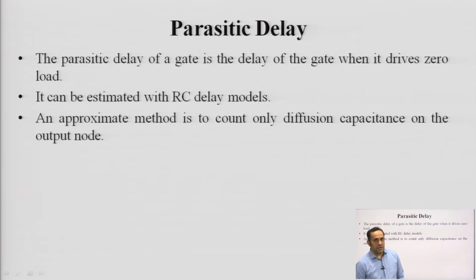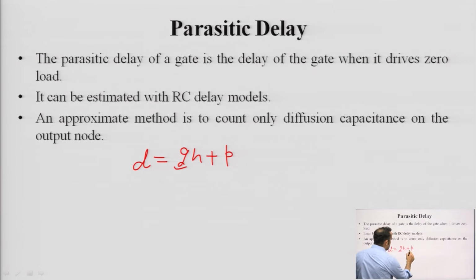Let us proceed to the other component in the normalized delay. If you remember the equation, normalized delay is G dot H plus P. We have seen what G is, and we now need to understand what parasitic delay is. Parasitic delay is the delay of the gate when the load is disconnected.